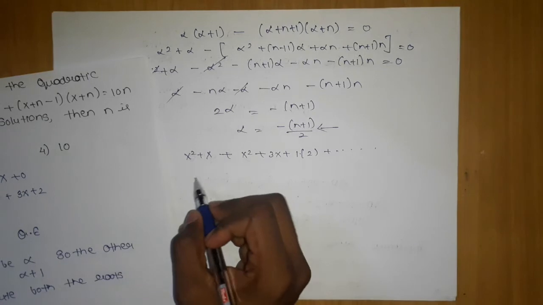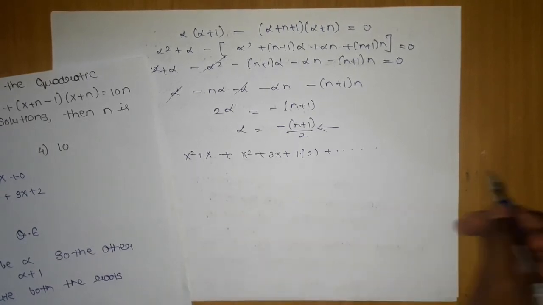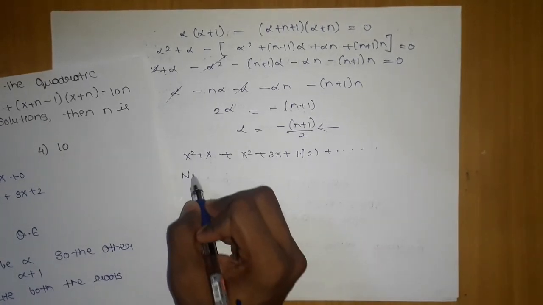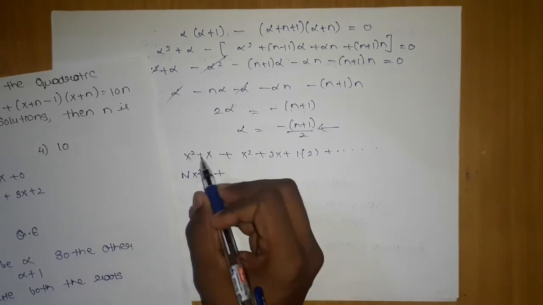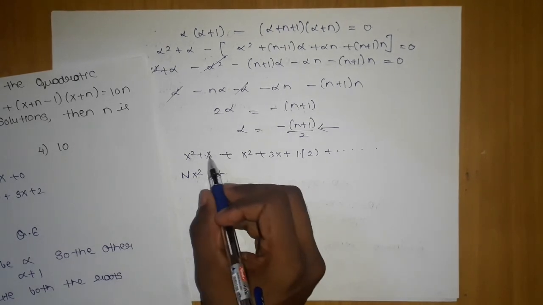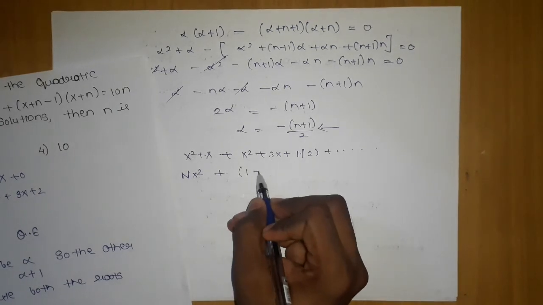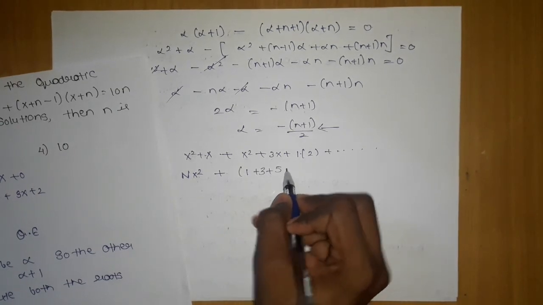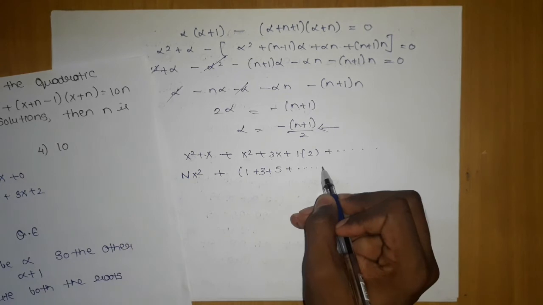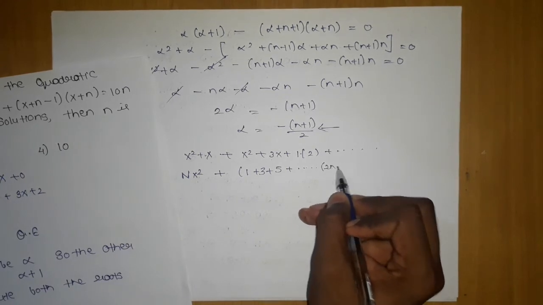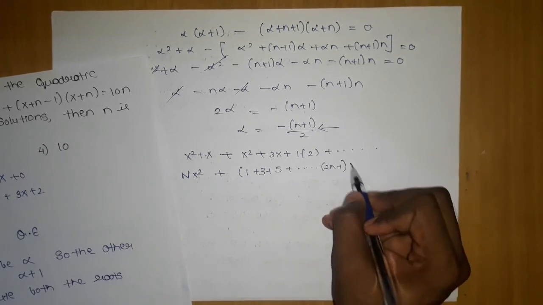So here you can clearly see this x square will open n times, so my final answer will have nx square. And here it is 1 square, it is 3, and like this there will be odd terms, so it will be nothing but 1 plus 3 plus 5, and so on, all the odd numbers up to 2n minus 1, into x.